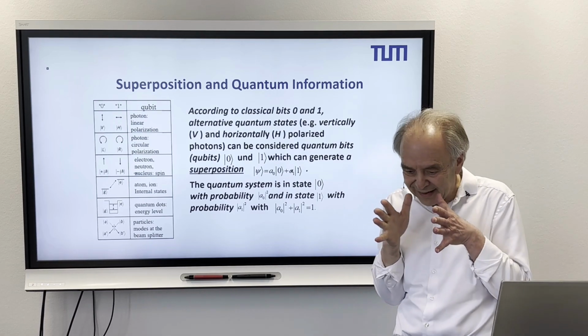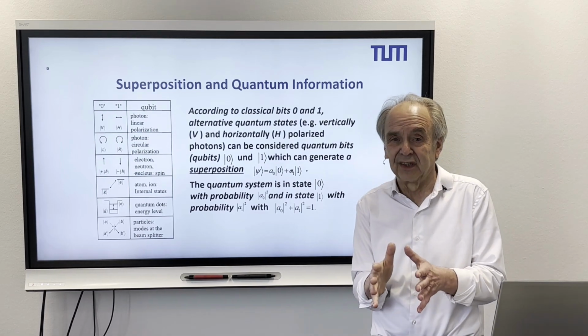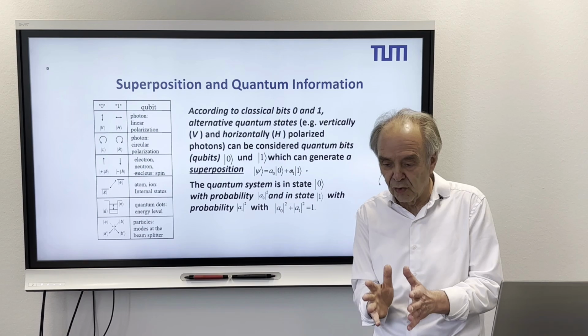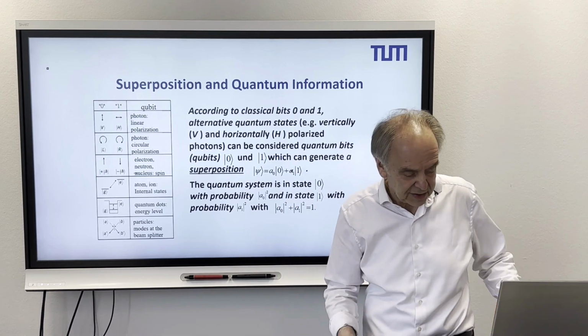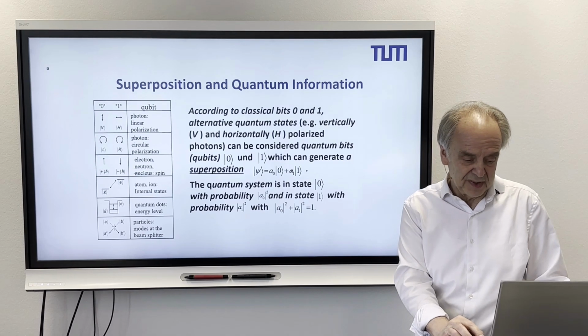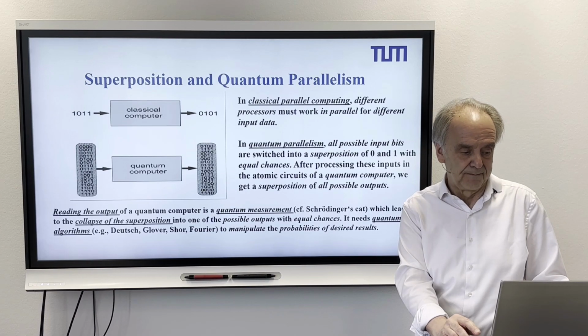So that is simple school mathematics, nothing else, to find a nice, intuitive representation of a vector state here in quantum mechanics.